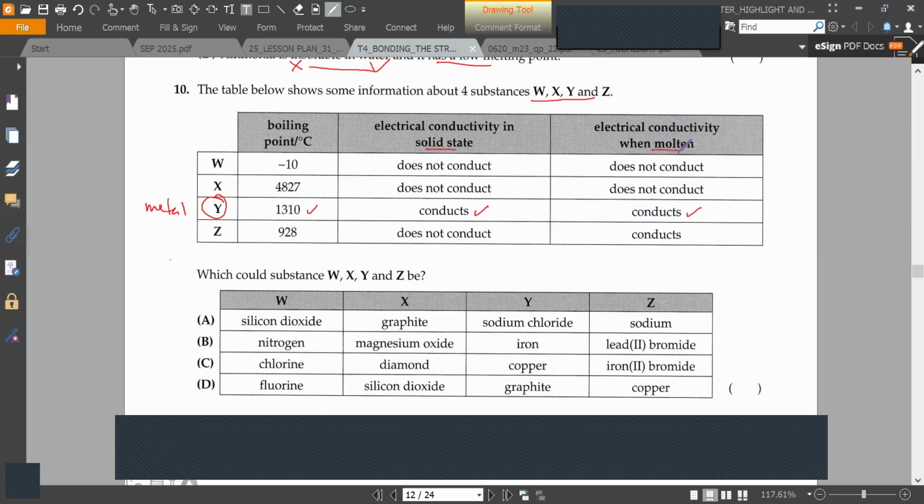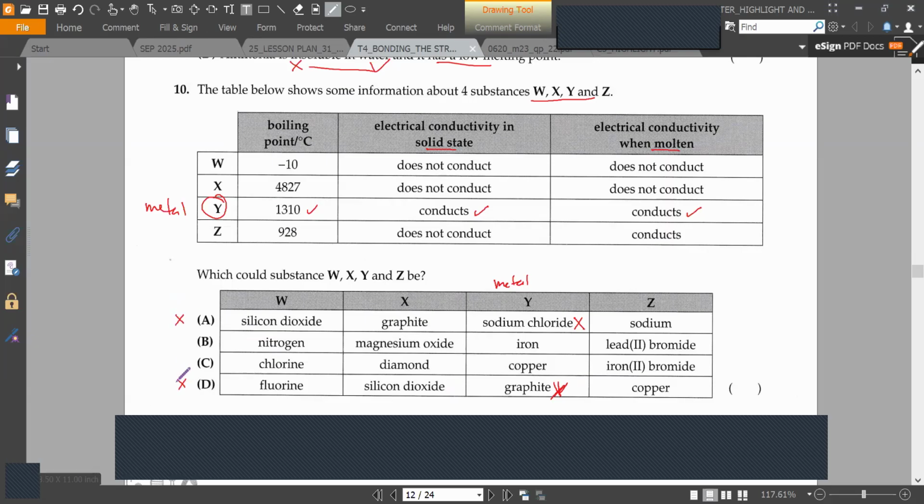This is the characteristic of metal. So this option is incorrect, and we are left with B and C.